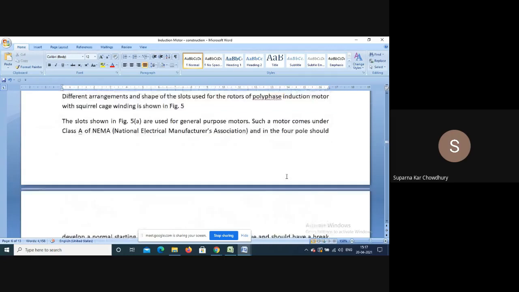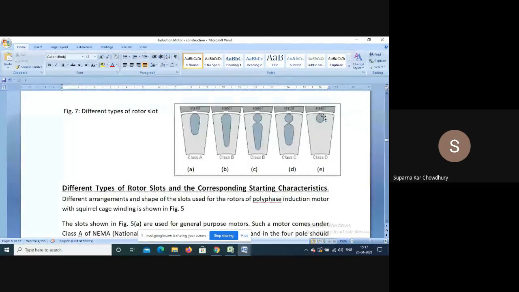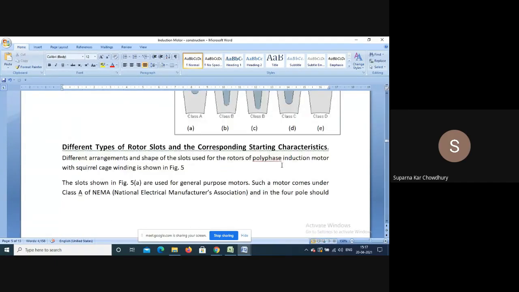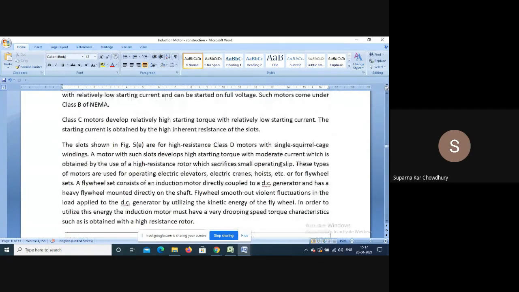Now for class D, only this small slot, if you compare with this or this, only the outer cage is there. So basically, this motor will have a high resistance, so it will have a high starting torque with moderate current, but the resistance will be high during running condition also. So the effect will be that the running slip will be high.